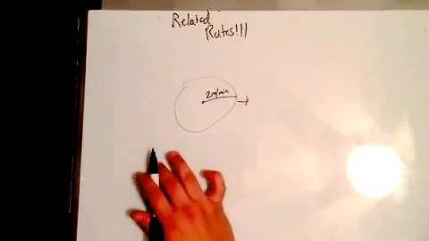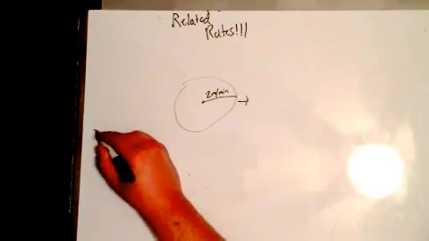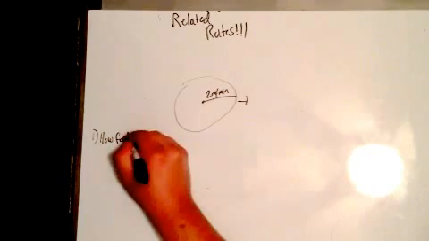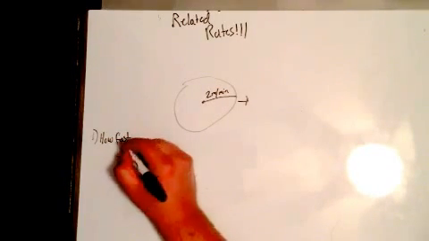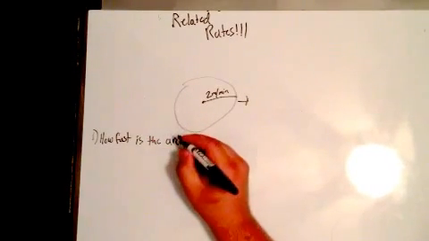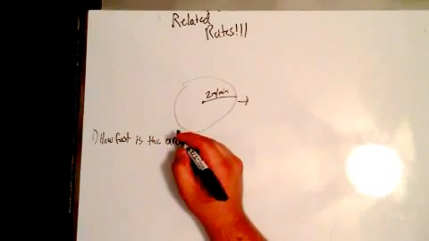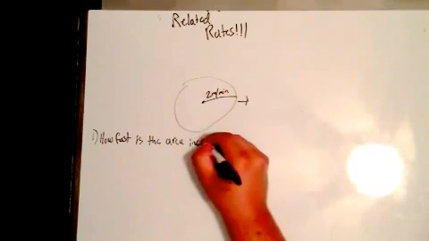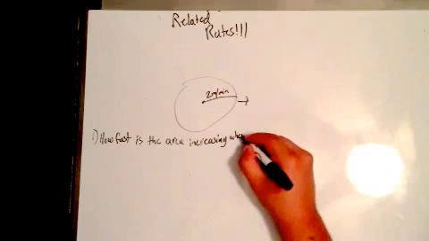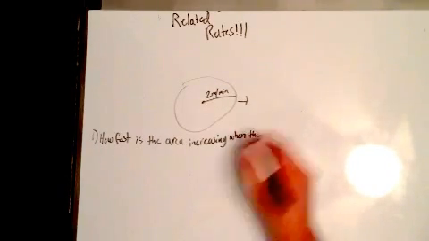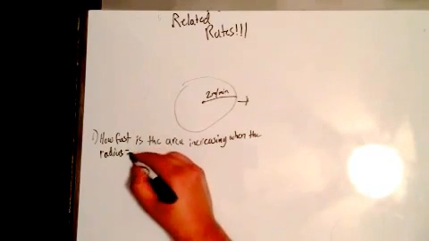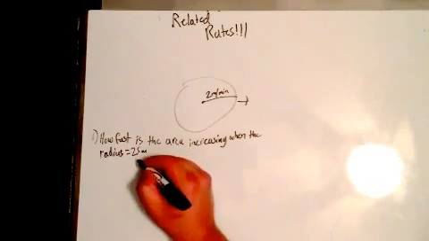What we want to know, and we'll go step by step, is: how fast is the area increasing when the radius is equal to 25 meters?